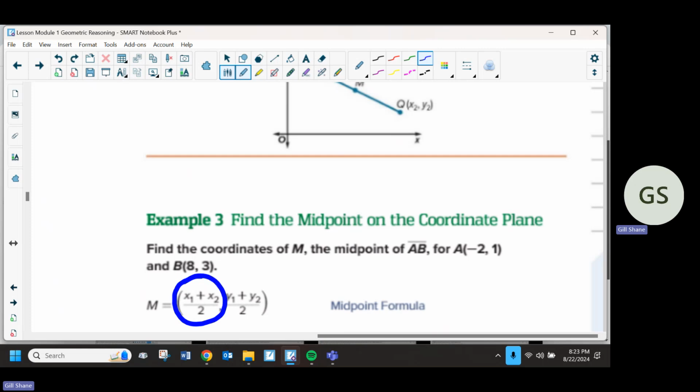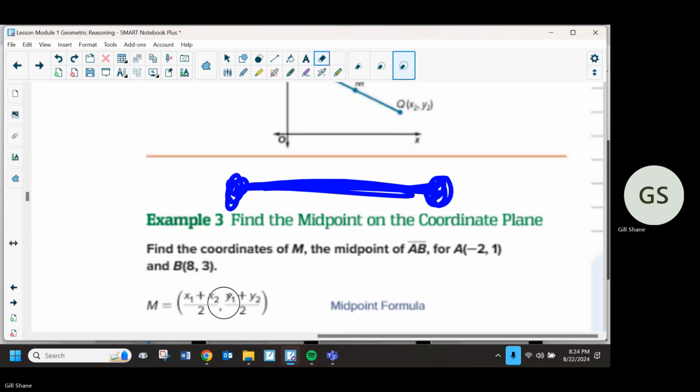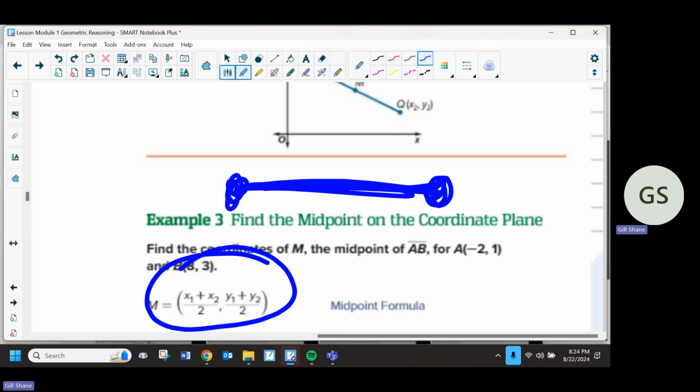If it's on just a regular number line, like just a left and right number line, like I'm doing now, and you just have 2 endpoints, you just use what I just circled, x1 plus x2 divided by 2. You only use this entire formula when it's on a graph, when you have an x and a y value. So that's when you would use the entire thing. I will give that to you in class if you want to practice with it.